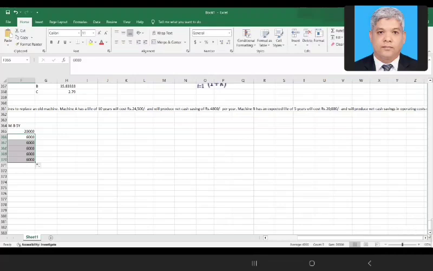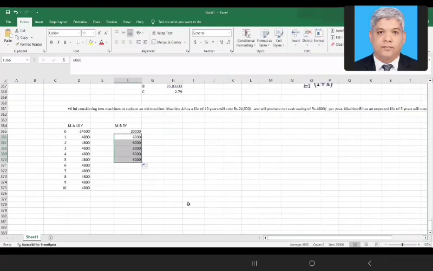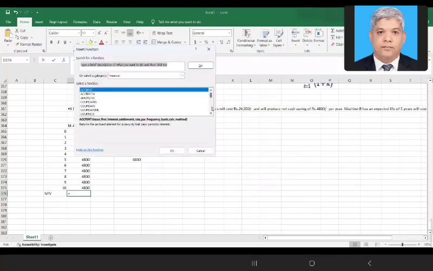Now, whether you are willing to replace with A or B, you have to calculate the NPV. So these are going to be a cost. Simply you can answer, nothing else. When you replace, you can calculate NPV normally. NPV can be calculated if you use that function.